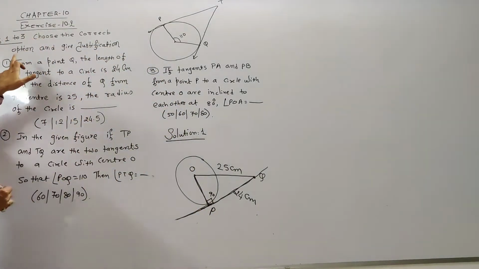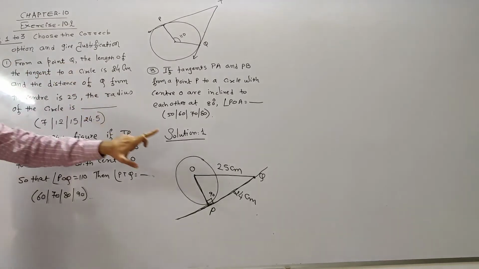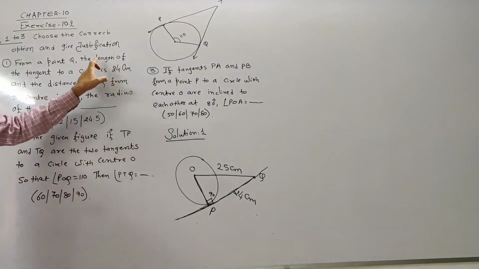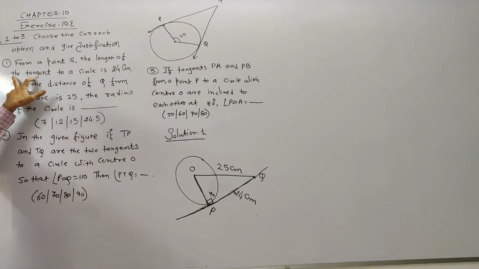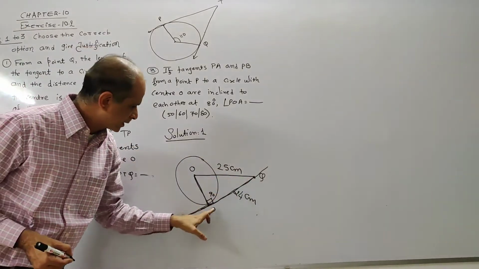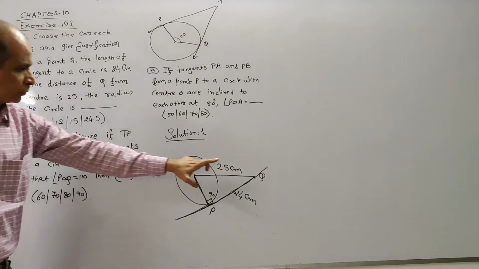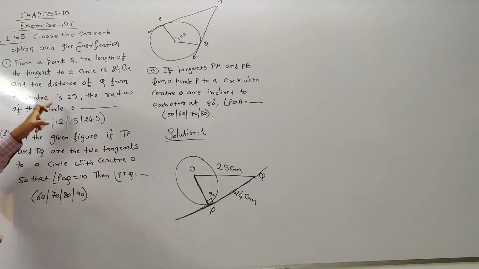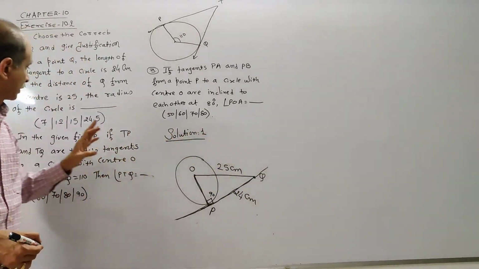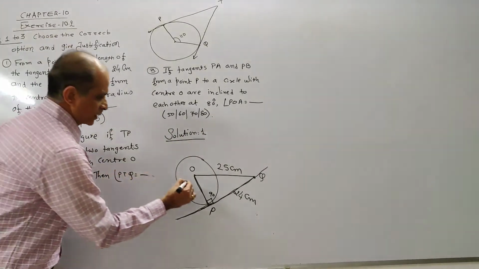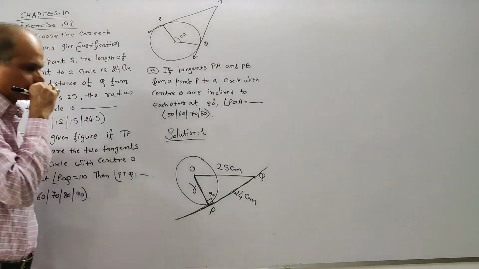Well, again, from a point Q, the length of tangent of a circle is 24 centimeter, and the distance of Q from center is 25 centimeter. Then the radius of the circle is blank, so you have to find out the radius.